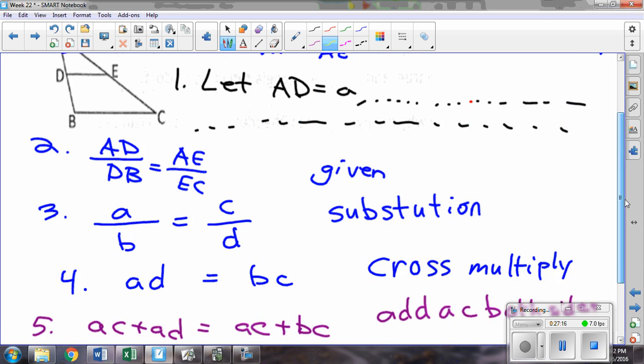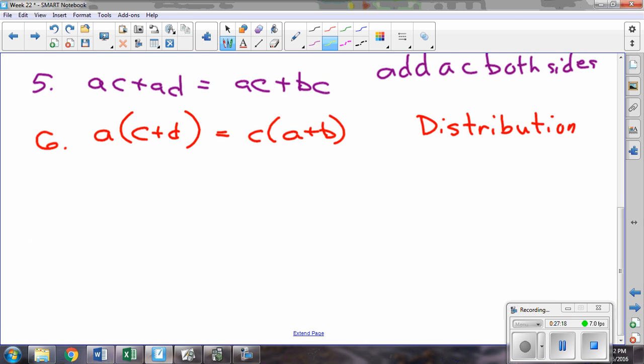And so how do we get them by themselves? We will have to divide by C, knowing that the C's are going to wind up canceling. On the left-hand side, we will also have to divide by the A to make certain that the A's cancel.